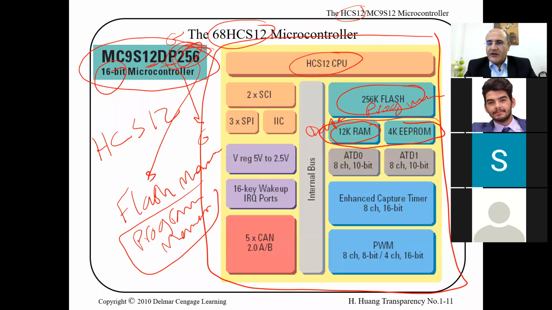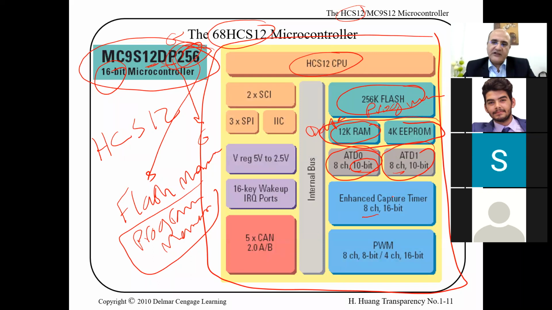Non-volatile data memory. We have two A to D peripherals, each is 8 channels, configurable to 10 bits. I'm going to talk about the details. What are these numbers? What is a channel? What is the 10-bit resolution? And so on. It has a timer, enhanced capture timer we call it, to do input capture and output compare.